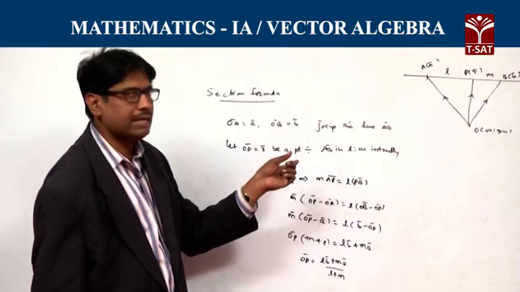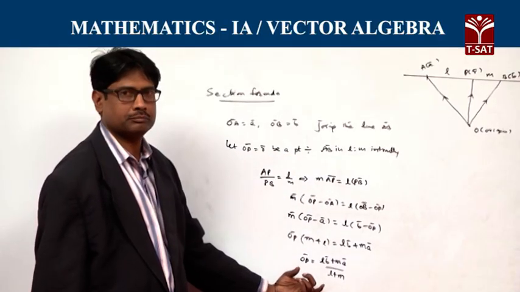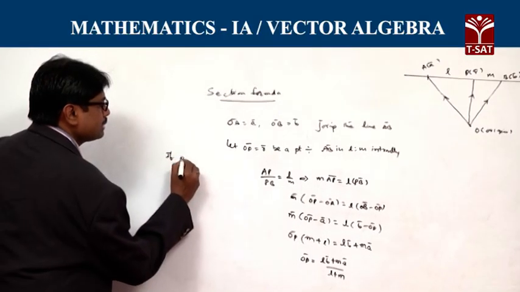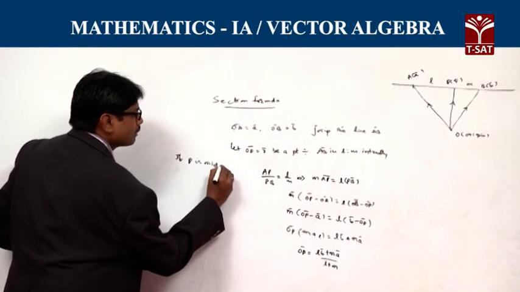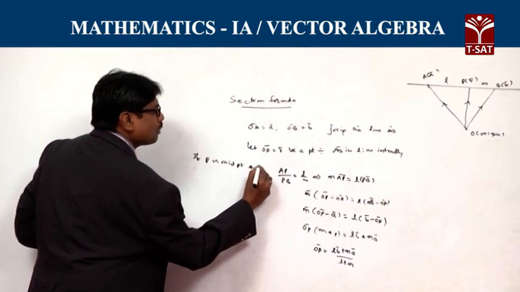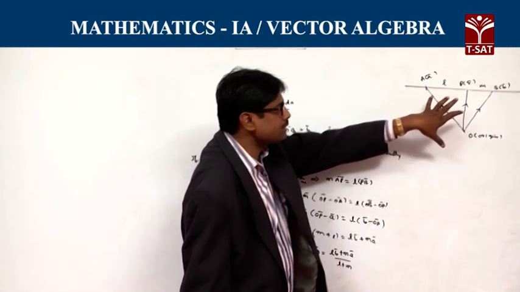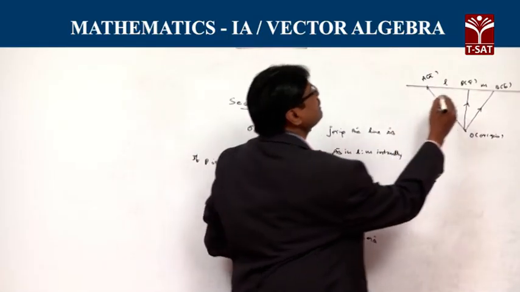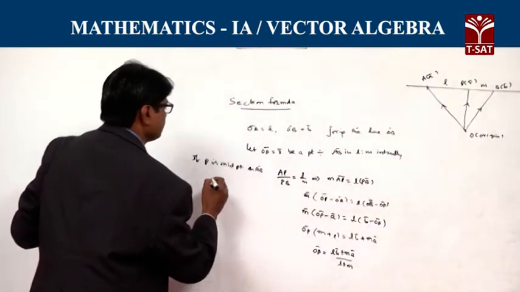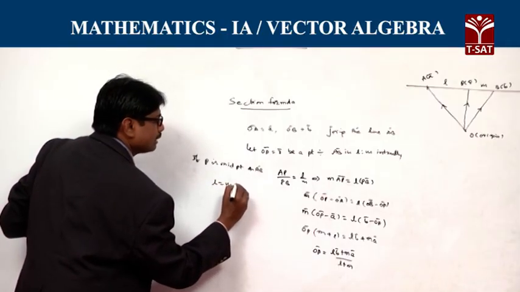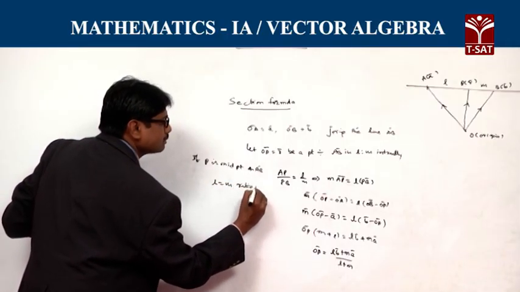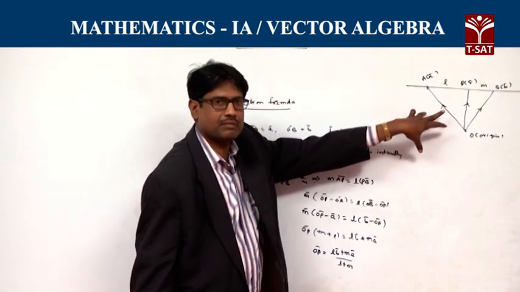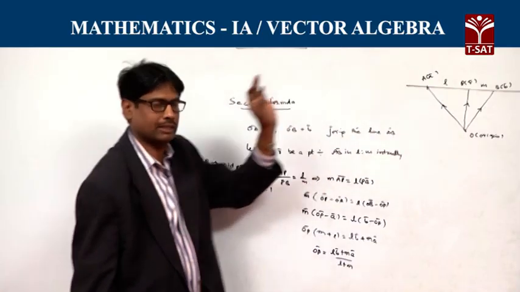If P divides AB internally in the ratio L:M, and if P is the midpoint of AB bar, the distance from A to P and from P to B will be equal, in the sense L is equal to M. Then the ratio is 1:1, so if P is the midpoint of AB, it divides AB in the ratio 1:1.